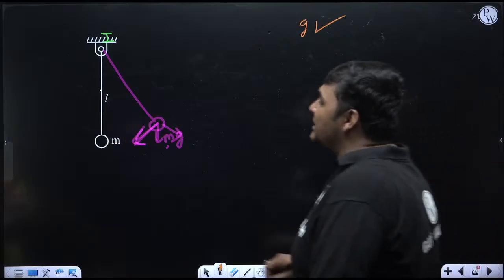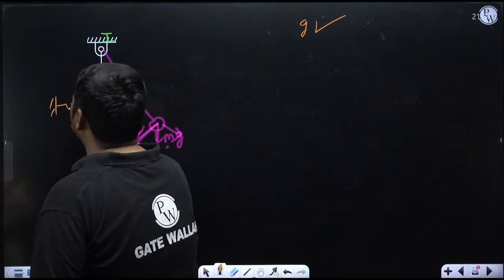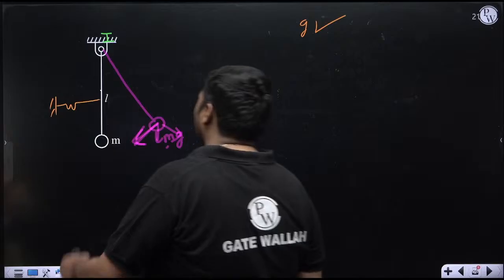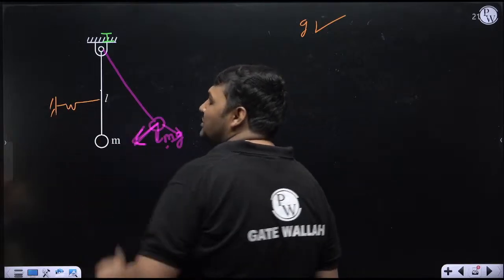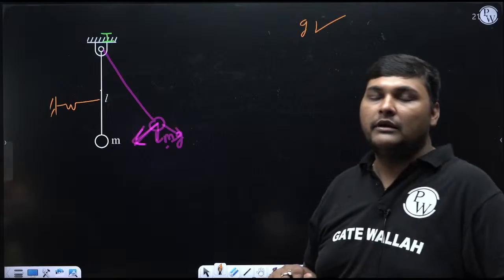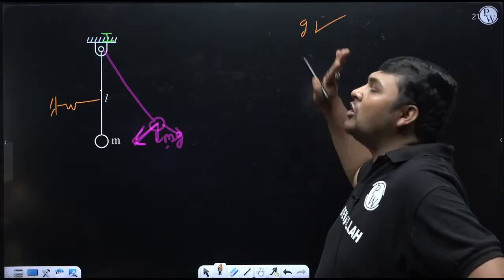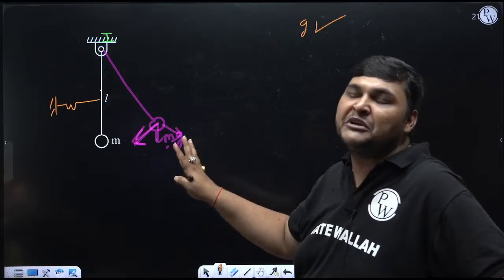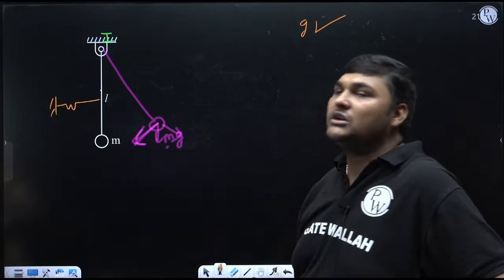Even if a spring is attached, suppose the examiner wants to test your concept and attaches a spring also. If the spring is attached, definitely restoration will occur due to stiffness also. But it doesn't mean restoration will not occur due to gravity. Whether the spring is present or not, restoration will occur due to gravity.